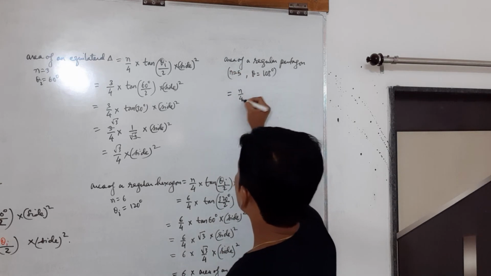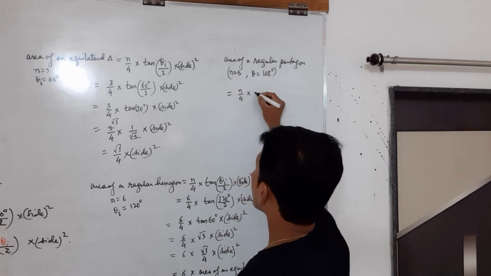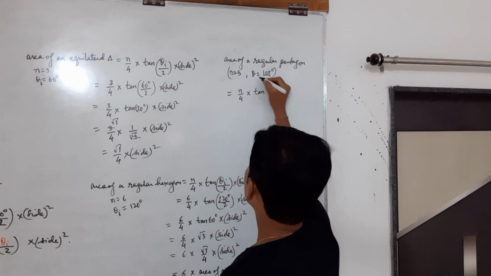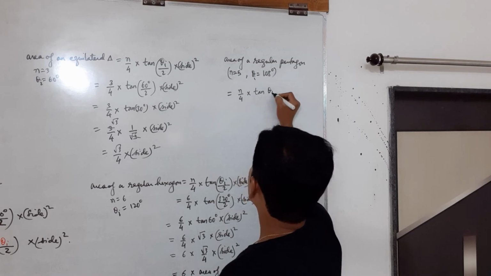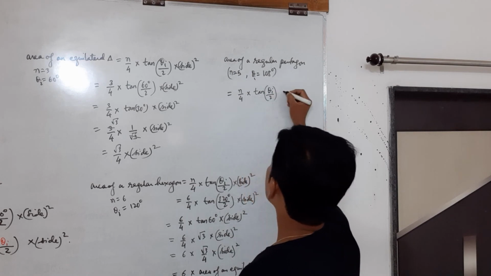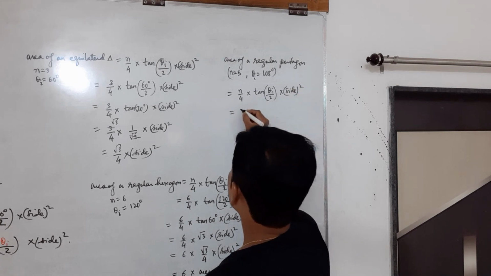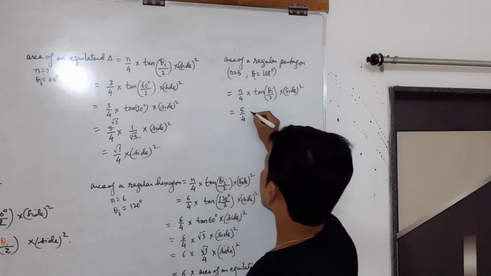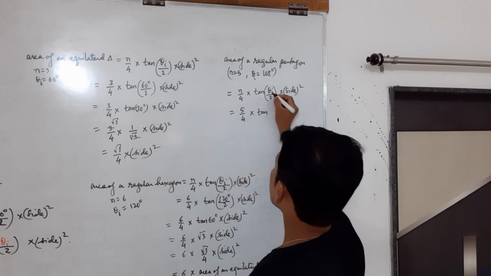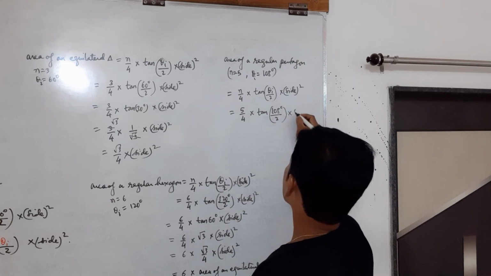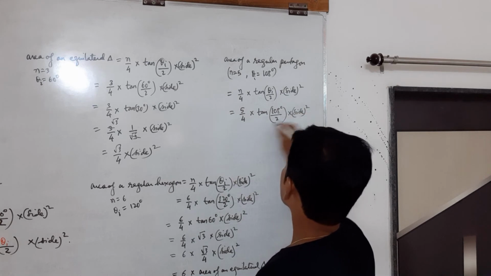First of all, let us write the formula: n upon 4 into tan of half of the interior angle into side square. Now in place of n I am going to place 5, and in place of interior angle I am going to put 108 degrees into side square.